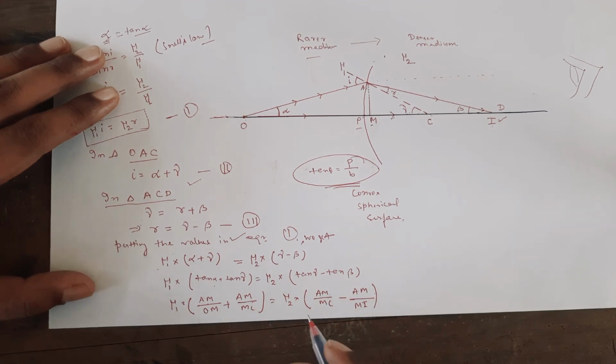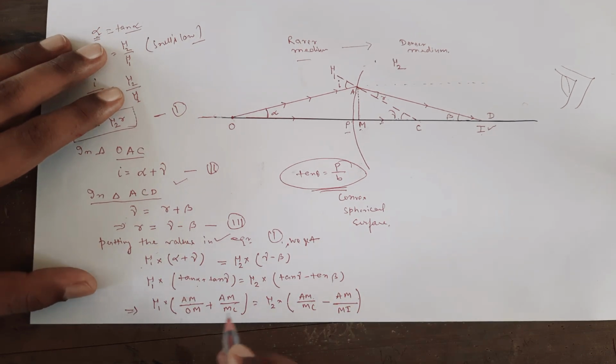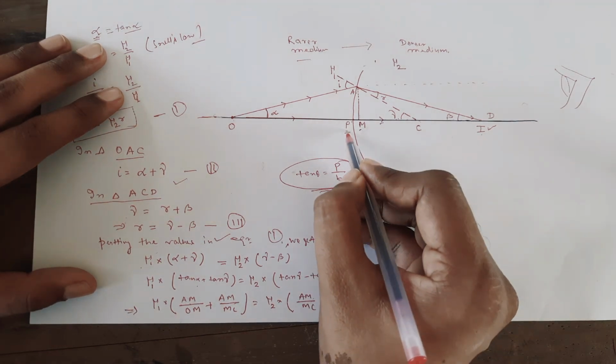If I take the factor AM out, it will cancel on both sides of the equal sign. So now we will get 1 by OM plus 1 by MC minus 1 by MI, but again M is very, very close to the point P.